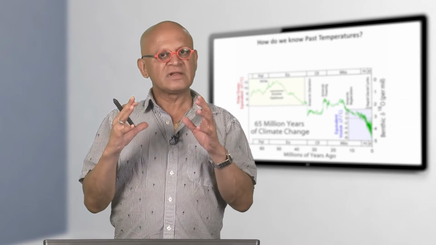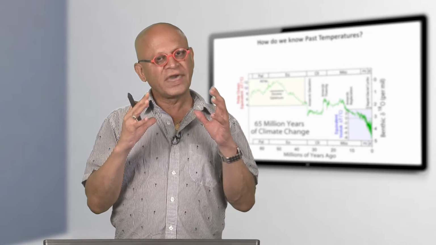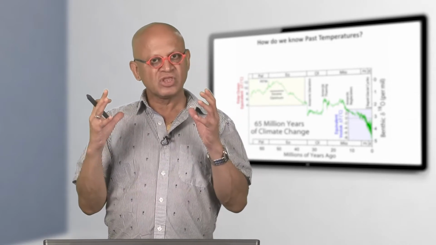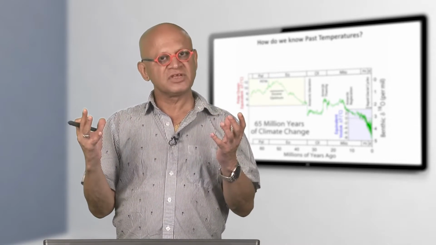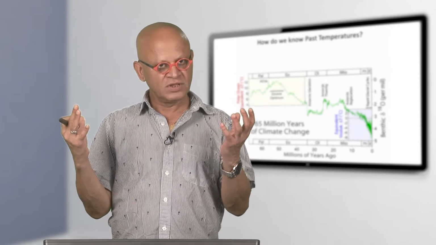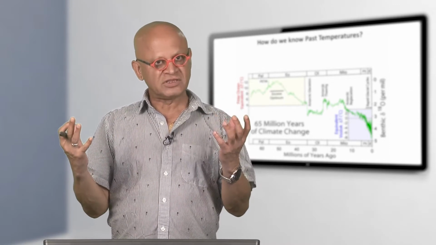For that, we literally have to go back to when the whole system came into being. The solar system is about 4.6 billion years old. Earth is about 4.6 billion years old.